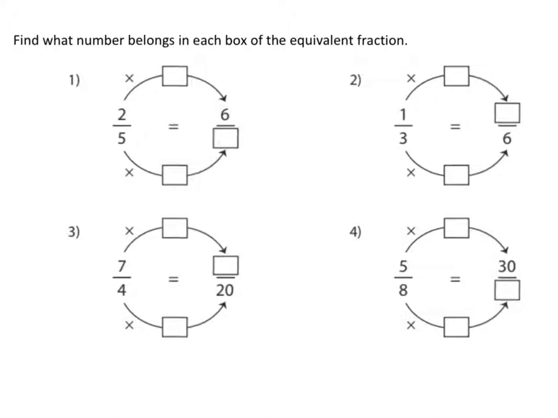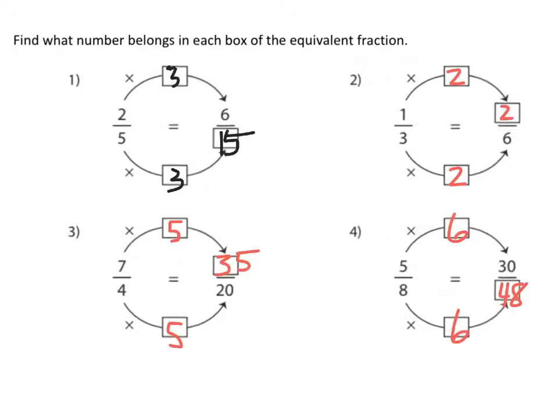I know that 2 times 3 gets me to 6, so I'm going to put a 3 in that box. My rule is that whatever I multiply by on the top, I also have to multiply by on the bottom. So I would do 5 times 3, and that would get me to 15. Go ahead and do numbers 2, 3, and 4, and then press play and check your answers.